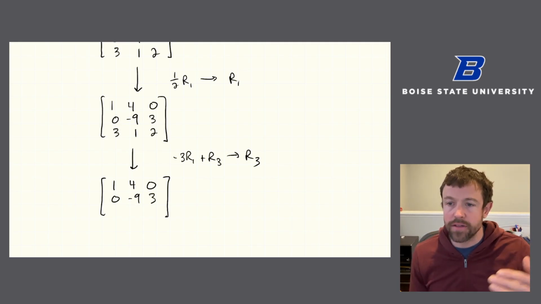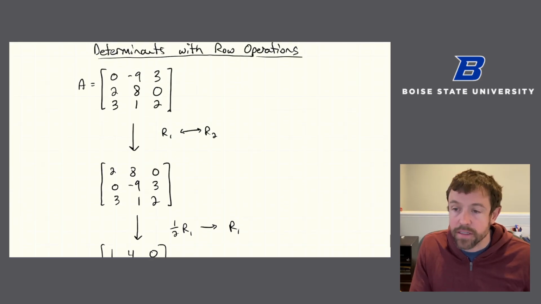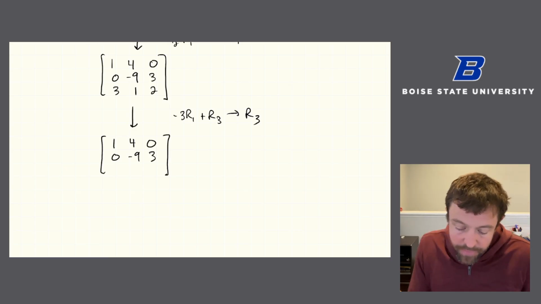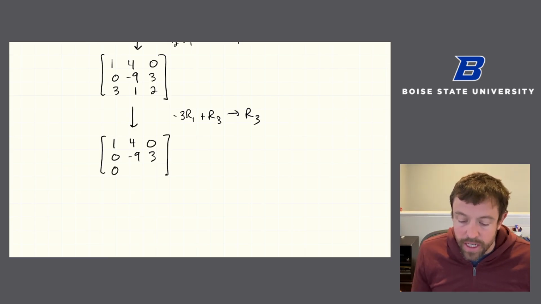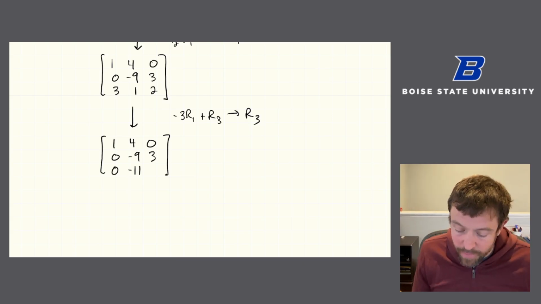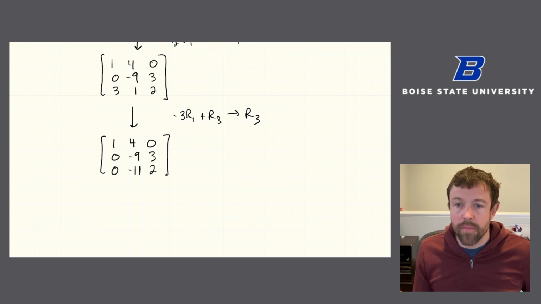You could pause the video. I could have said this at the beginning: you could try to do this yourself. Take this matrix to echelon form and see whether what you get matches up with what I got. So we'll get a 0 here. That was the whole point. -3 times 4 is -12, so we get a -11 here. And this 2 is not changed because of that 0.